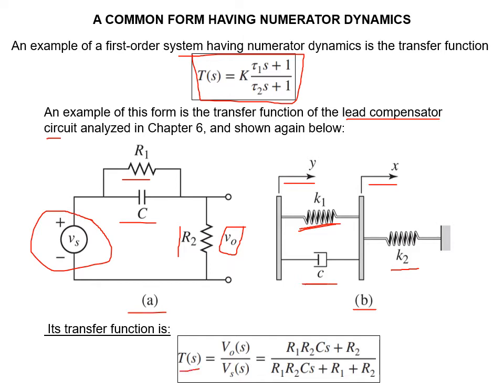Our T of S is equal to V naught, our output voltage of S, over V of S here, which is equal to, when we do this out for our circuit, our R1 times R2 times CS plus our R2, all over R1 R2 CS plus our R1 plus R2. And we can reference back to how we got this from a couple of the previous lectures as well, of how we go from our circuit diagram down into this form for our transfer function.